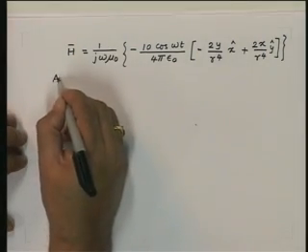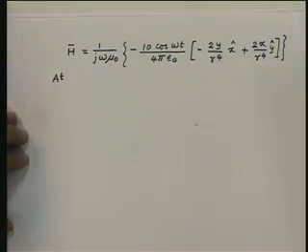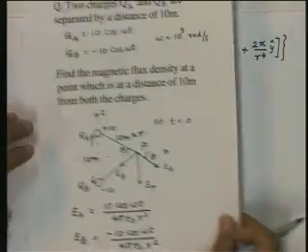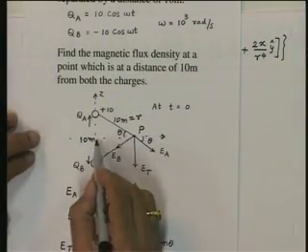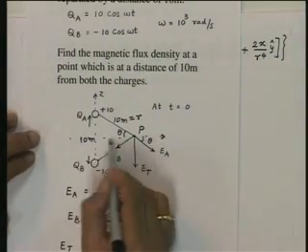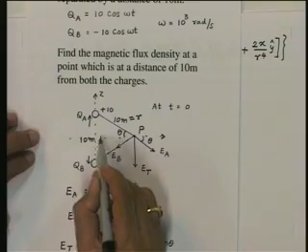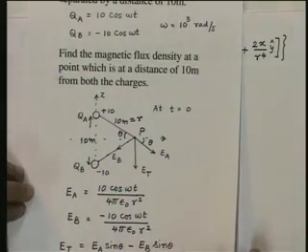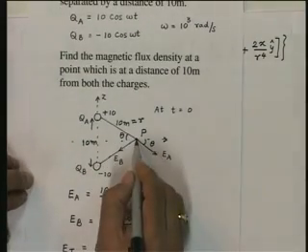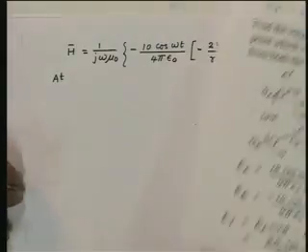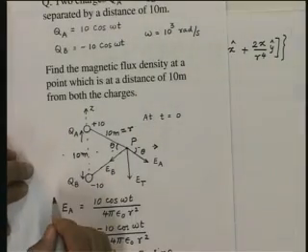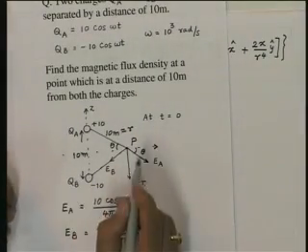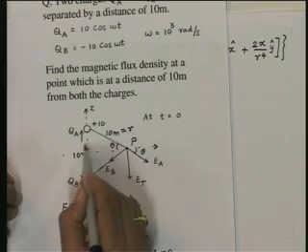Now, at point P, where we want to find out the field here, this quantity is r for the total one. So, I can find out from here this quantity, which is r, which is equal to 10, and x is equal to this square minus this square.